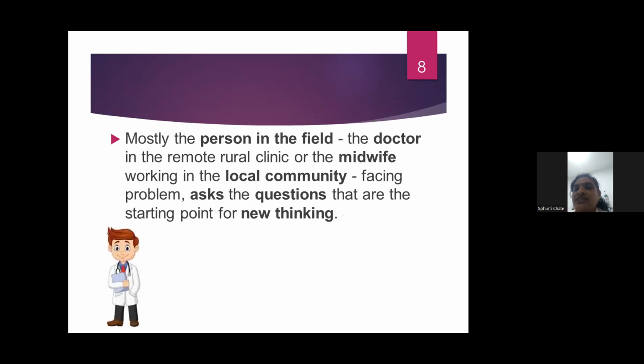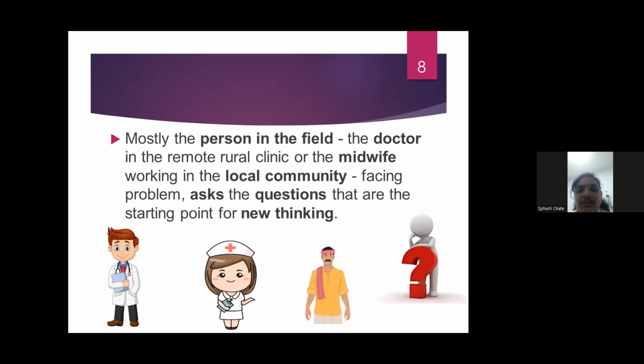Mostly the person in the field, it could be the doctor in the remote rural clinic, or the midwife or nurse in the local community, or any villager, may face a problem and come across certain questions which may be the starting point for critical new thinking.